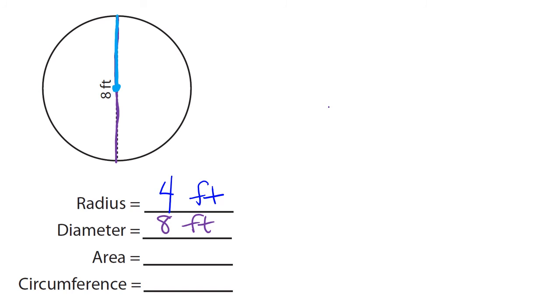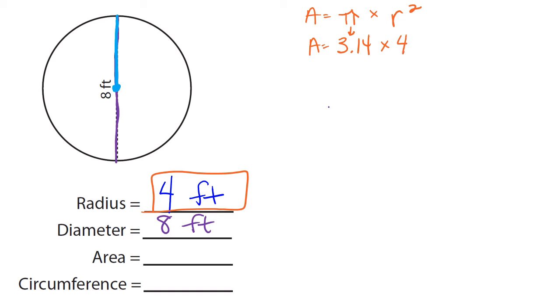So now let's go ahead and use the area and circumference equations. So we have area is equal to pi times our radius squared. The area equals pi, which is 3.14, times our radius is what we're going to use. So we're going to do 4 squared.